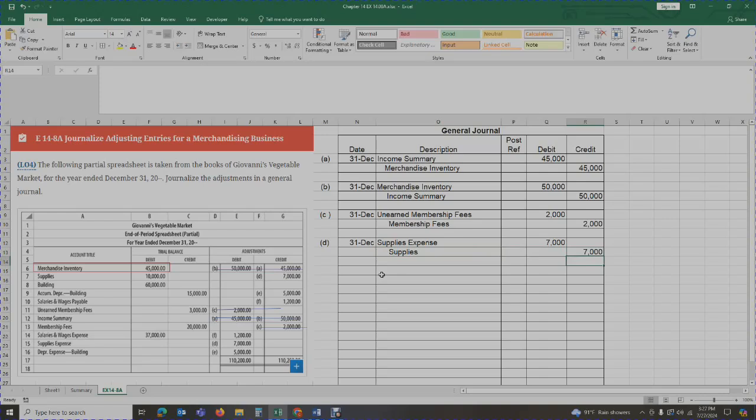The expense account is to recognize the usage of the supplies for the period of 7,000. The supplies account, which is an asset account, will decrease to show that we started off with 10,000 in supplies. We've used up 7,000 in supplies. That means we only have 3,000 of supplies left over. Maybe it's time that we go and replenish our supply closet. Okay, so that is letter D.